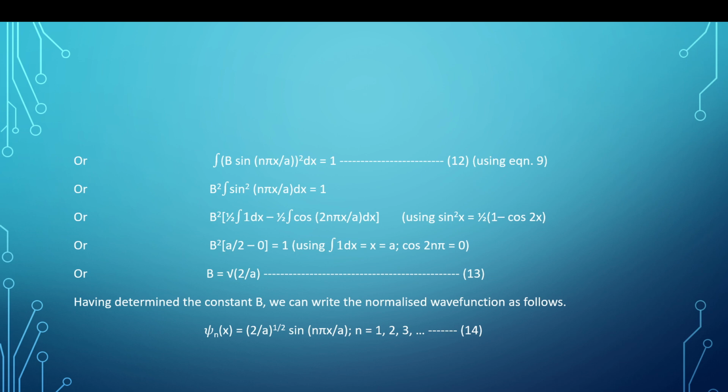Now we can put the value of psi here and integrate the equation. On integration, we evaluate b as under root 2 over a. Having determined the constant b, the normalization constant, we can write the normalized wave function as follows: psi n x equal to under root 2 by a multiplied by sin n pi x over a, where n is the quantum number, an integral value.